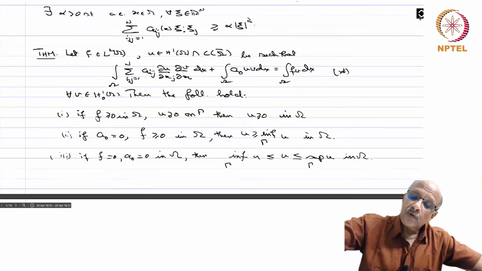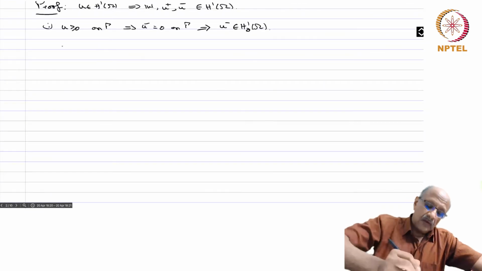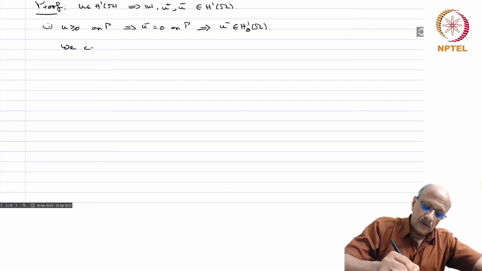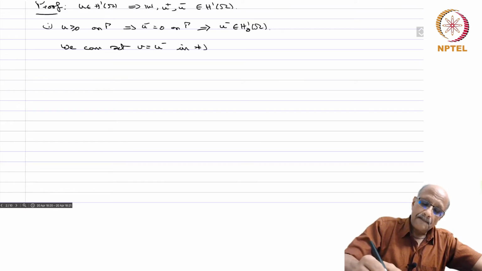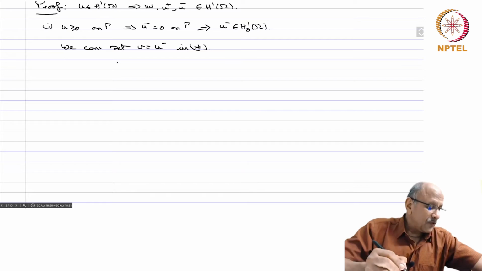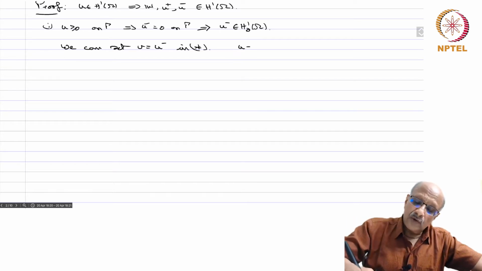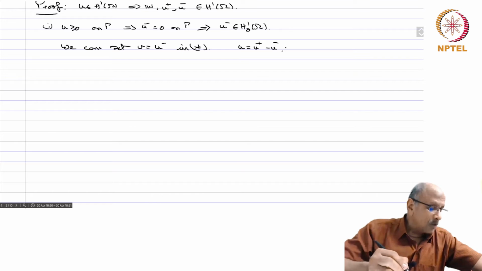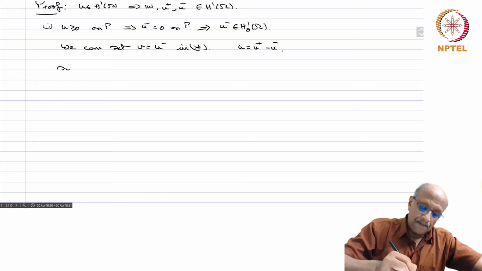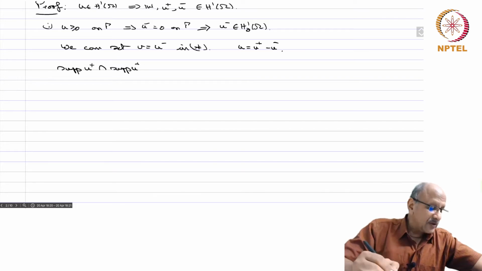So we can set v equals u minus in star. If you do this, recall that u equals u plus minus u minus. Now what about the support of u plus intersection the support of u minus?